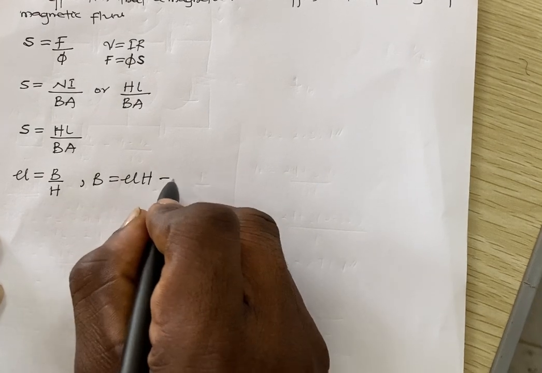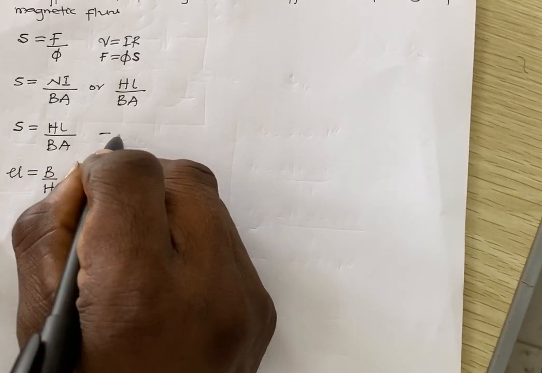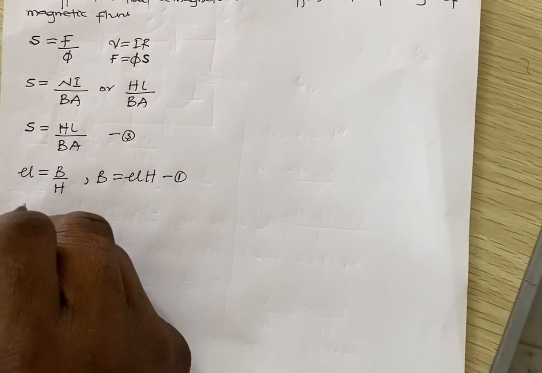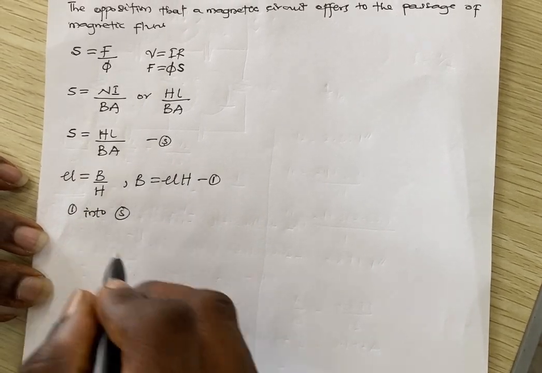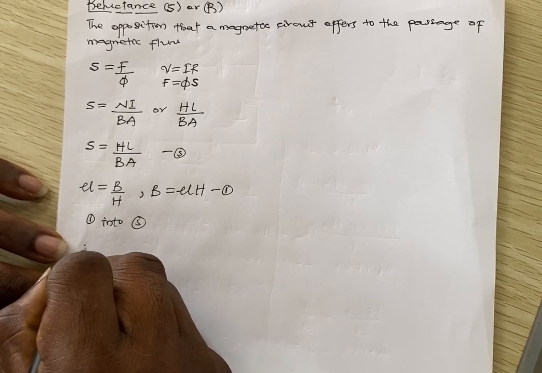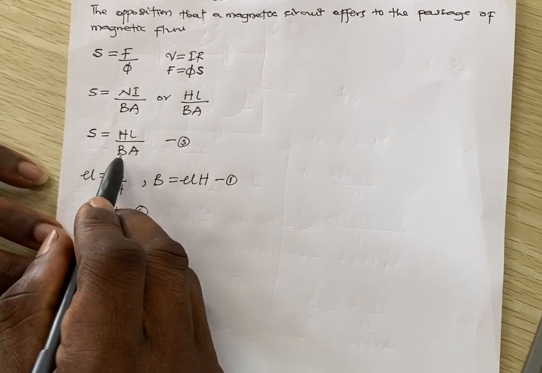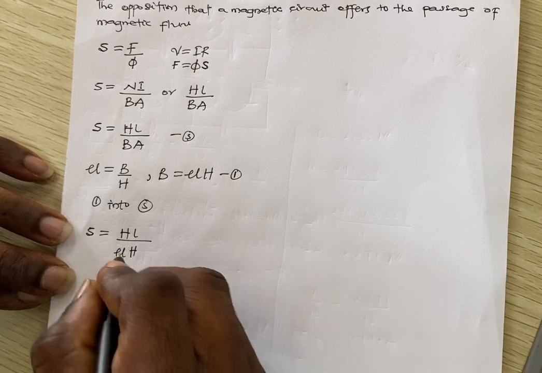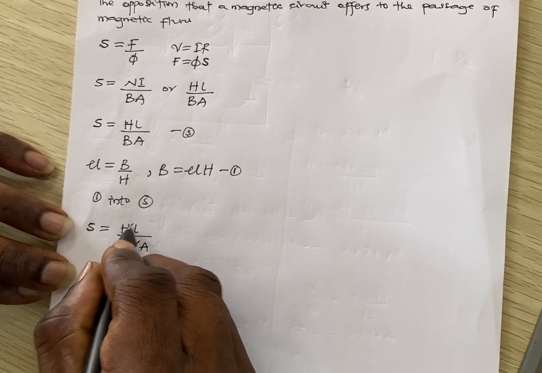So when we put this, let's say equation 1, into S, then we can say S is equal to H L on B A, and the B is now mu H. So mu H times A. Then H cancels out.